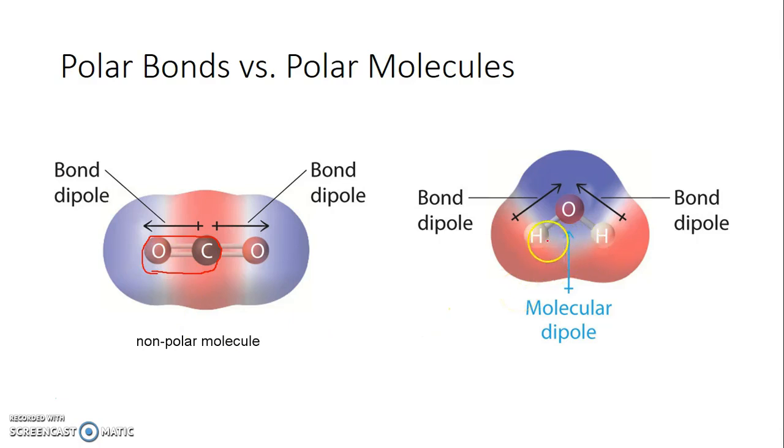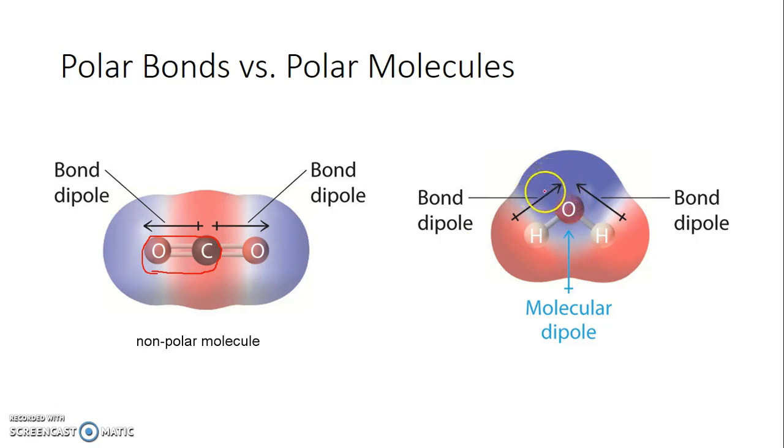In H2O, we do have polar H to O bonds, and the H is the positive end and the O is the negative end. But because water is a bent molecule, what happens is that you do end up with a positive side and a negative side. Because both H's end up on one side and the oxygen ends up on the other side.